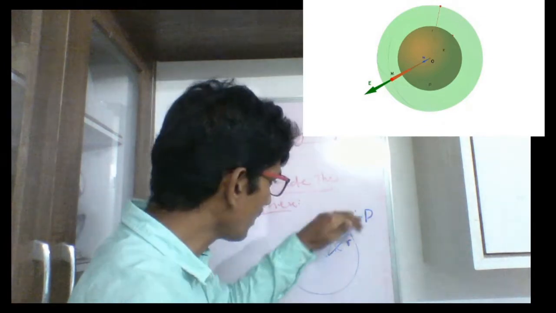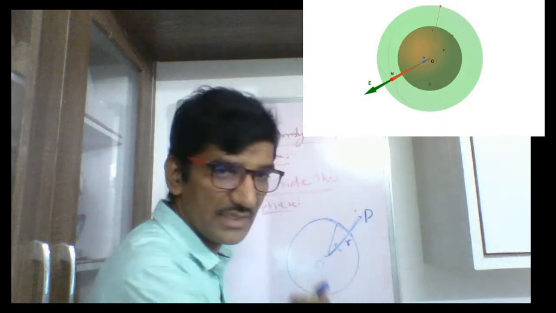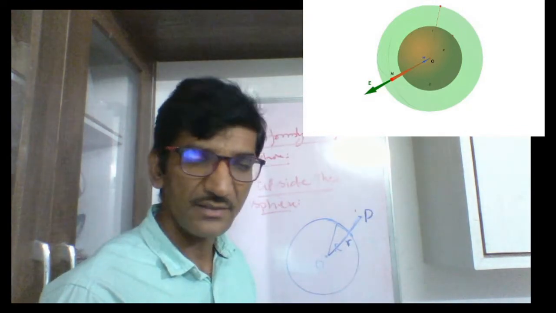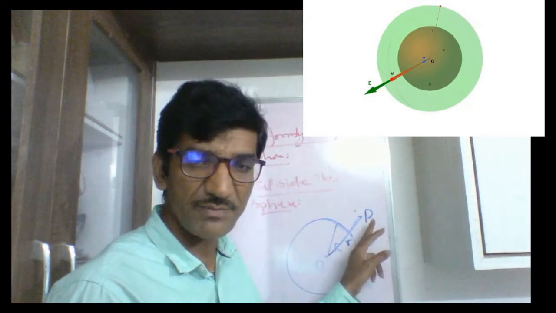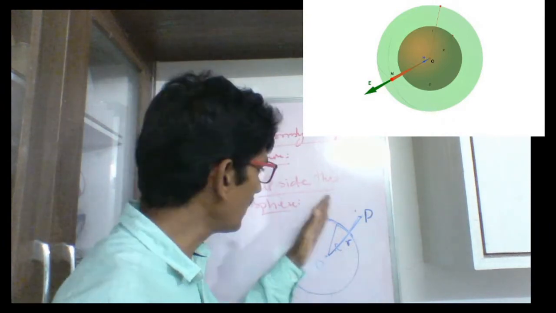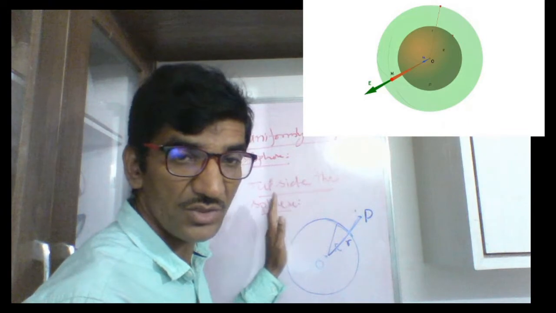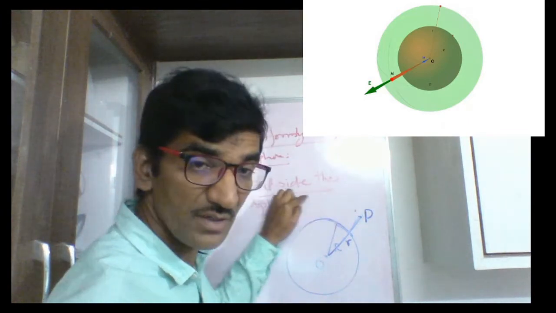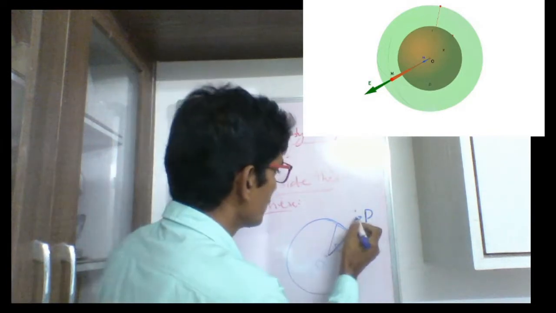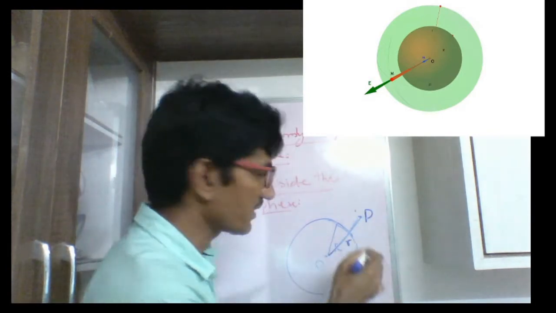That means if you draw a bigger circle passing through this point P, then the field you evaluate at this particular point will be the answer for all the points on that perimeter line.